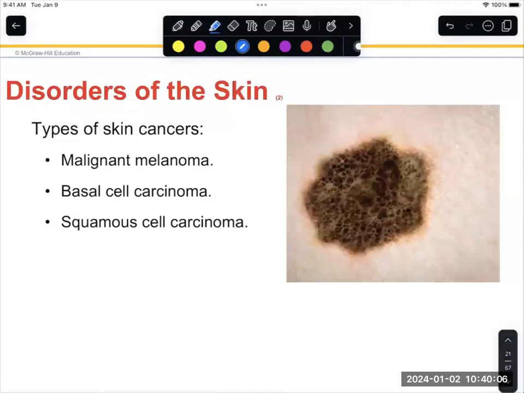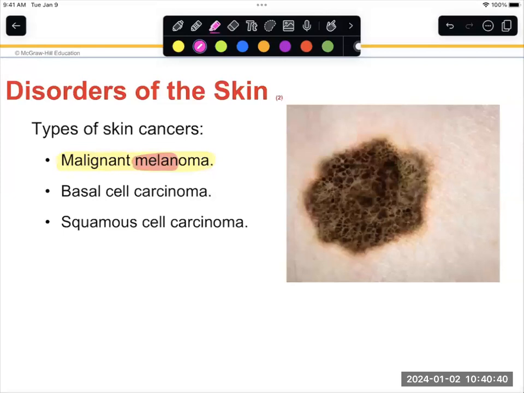So let's look at some different types of skin cancers. We have malignant melanoma. Malignant melanoma is a type of cancer that is formed from the cells that produce melanin, because they have melan in there, or that melanin.